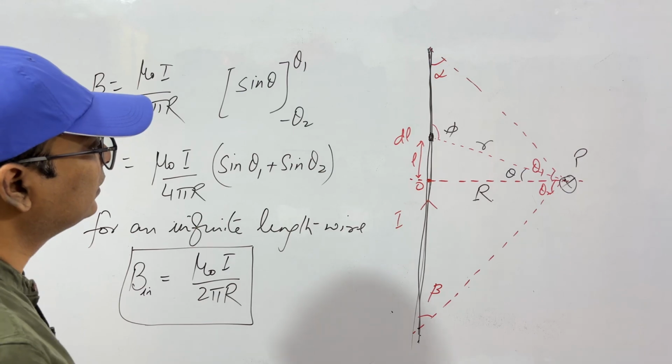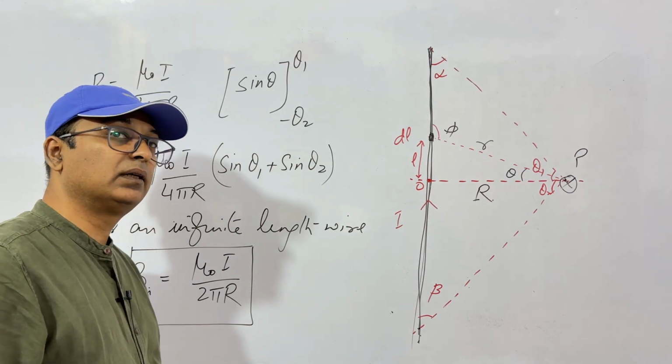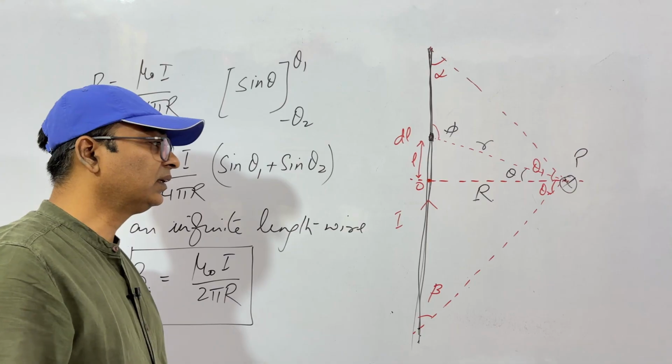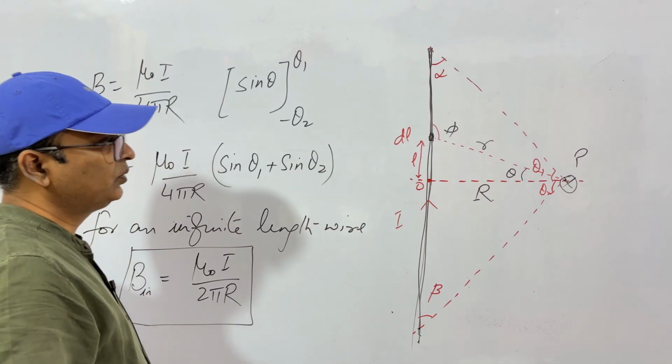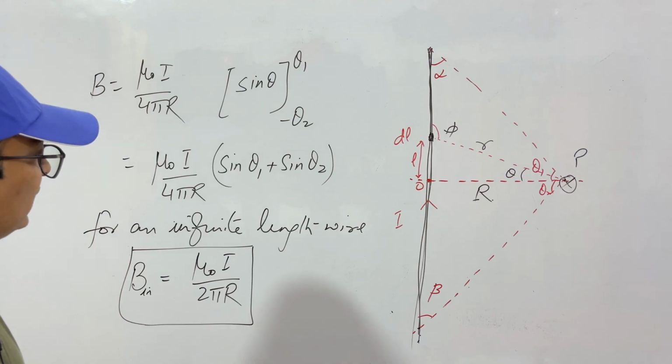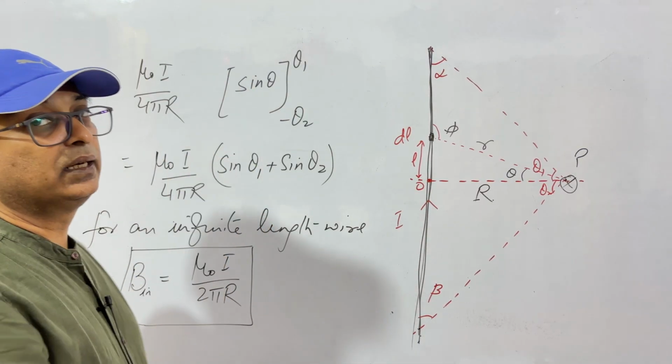We have computed the magnetic field intensity at a point near an infinite conductor by using the Biot-Savart law. You saw the difficulty. The difficulty is you have to integrate it. You have to take summations of each current element.